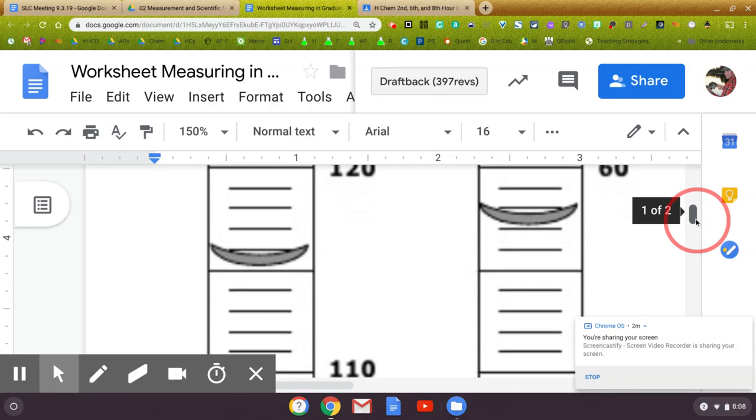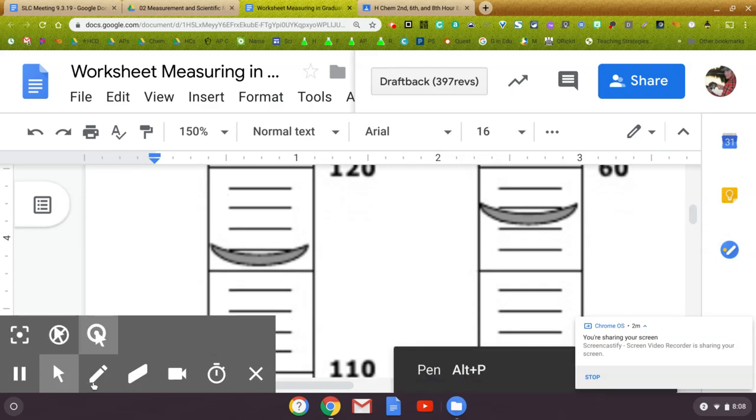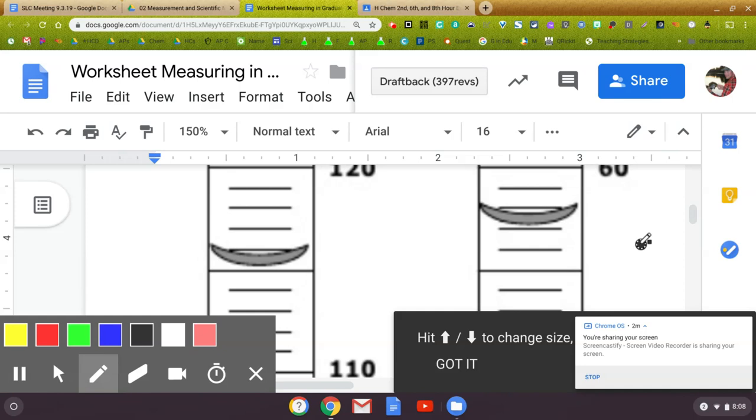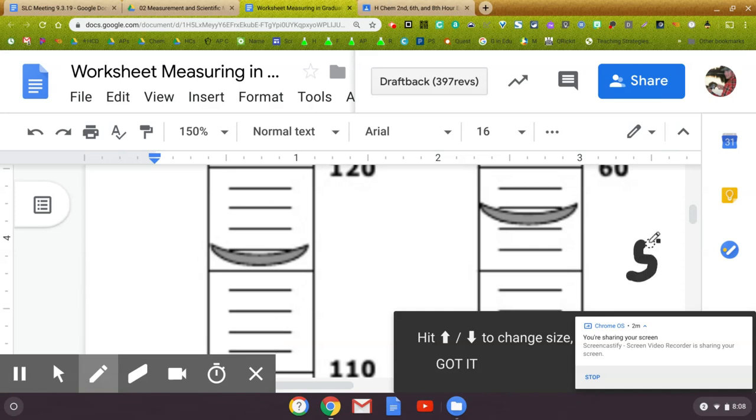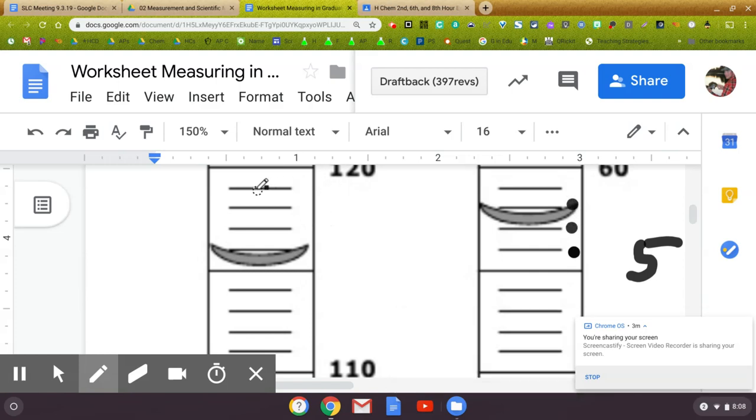Those are of no question, which means that this right here is 55. And then this is 56. This is 57. This is 58. So we know for sure that we are at 57 point something.